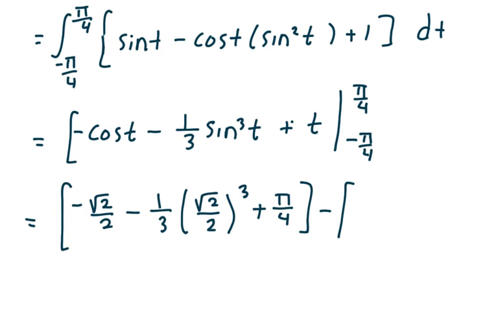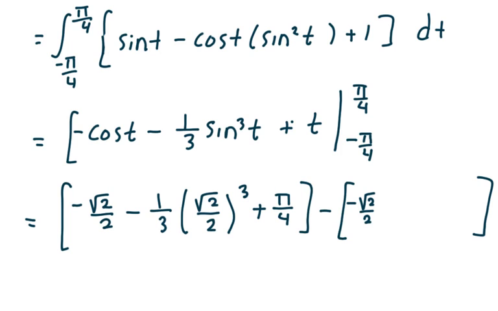And then I'm going to plug in negative pi over 4. But cosine of negative pi over 4 is square root of 2 over 2. So I get negative square root of 2 over 2. And then sine of negative pi over 4 is negative square root of 2 over 2.